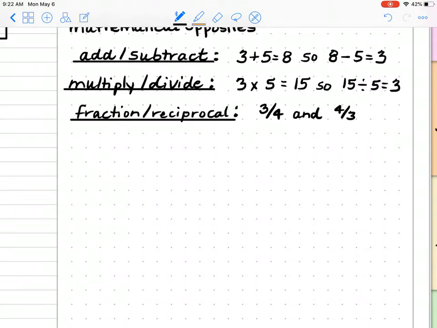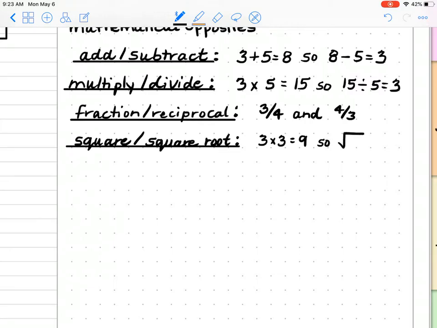Okay, another one is a square and square root. Those are inverse operations. And I'll show you an example. Let's take 3 times 3 is 9. So the square root of 9 is 3. And then similarly, we have cube and cube root.